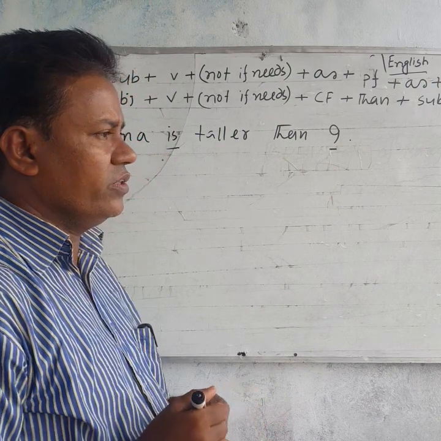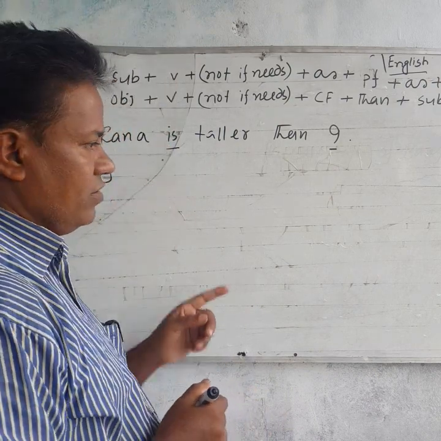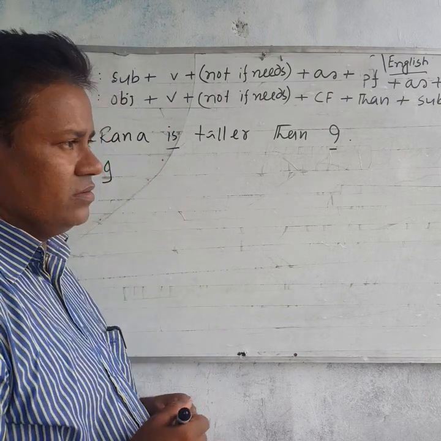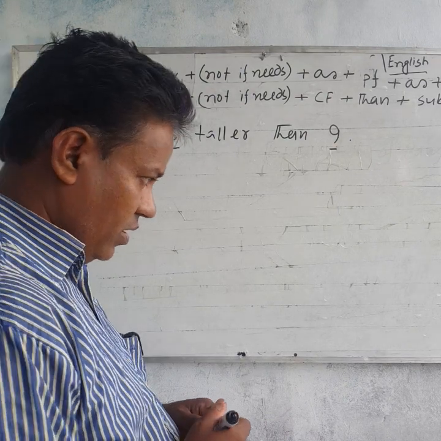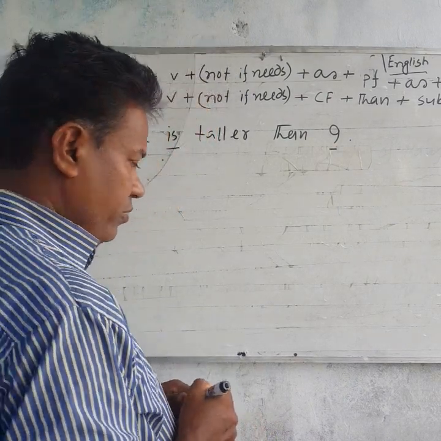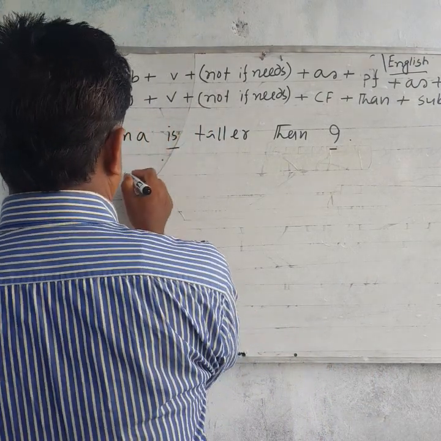You have already known the conjugation of a verb. Rana is, but I am. The verb you have already known. So I match am.